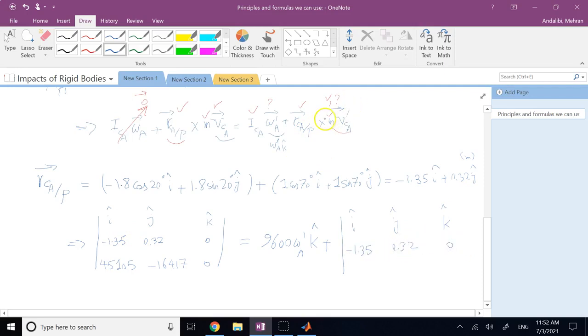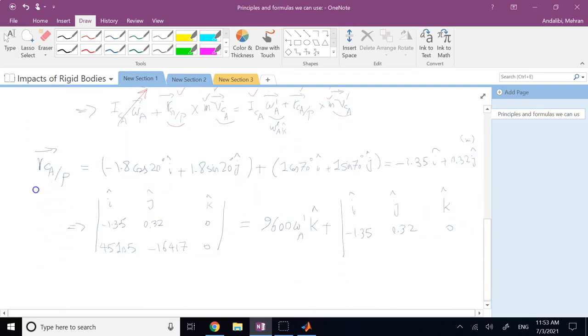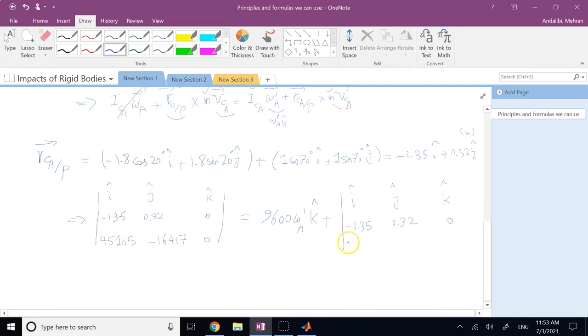And now I have to multiply 1600 by the components of V prime of A, for which the X component is the same as what it was. The Y component is unknown. So the X component is going to be this 45,105, which is known.